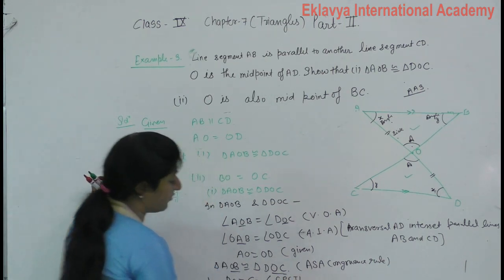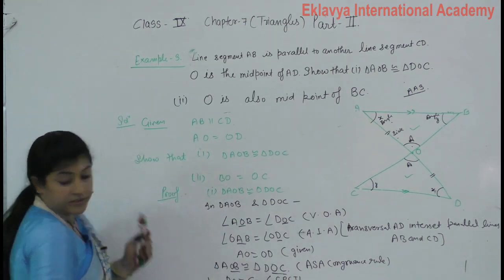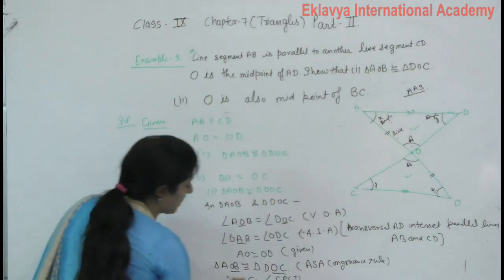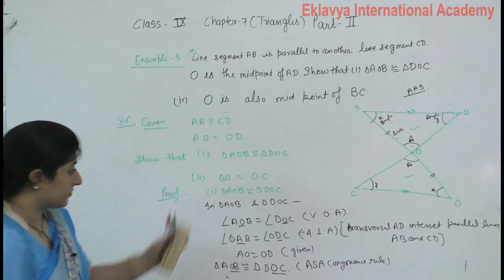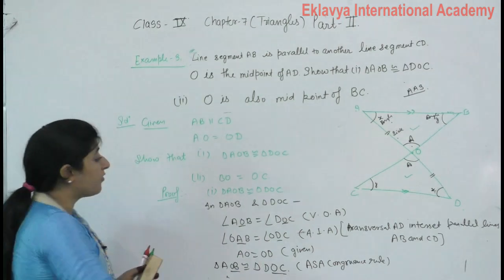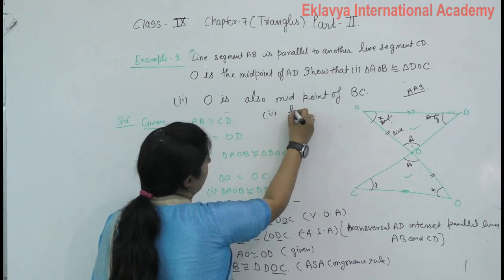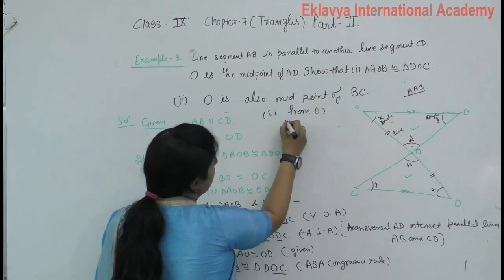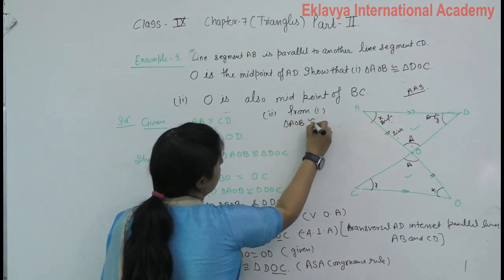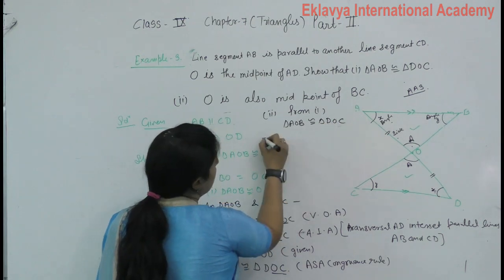CPCT. So we can say the first part is complete here. Now for the second part. For the second part we write down from first, triangle AOB is congruent to triangle DOC.